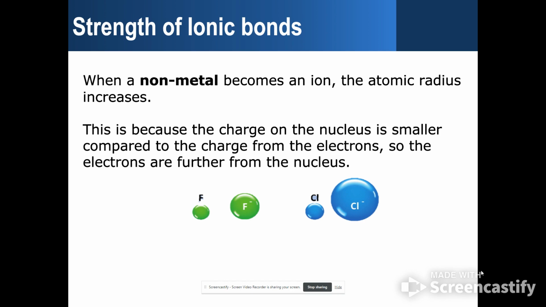Chloride ions have a whole extra electron shell, so they are much larger than a fluoride ion. This means they have a bigger ionic radius and therefore a weaker electrostatic attraction, and therefore we would expect the melting and boiling point of a chloride compound compared to a fluoride compound to be lower because the attraction is weaker.